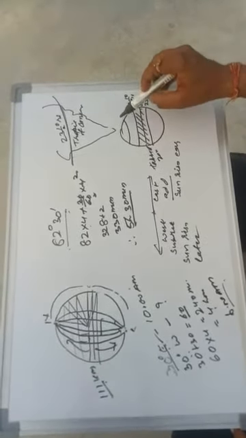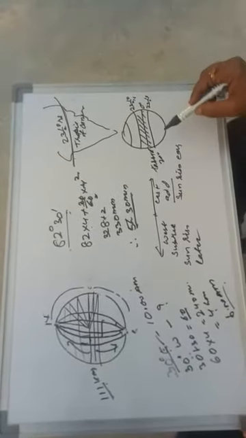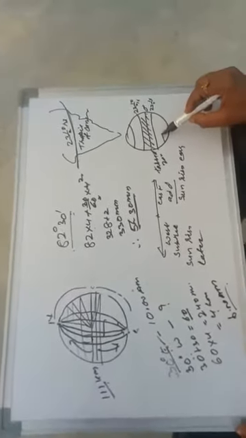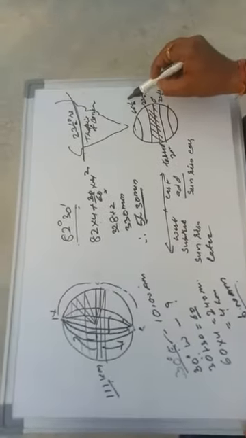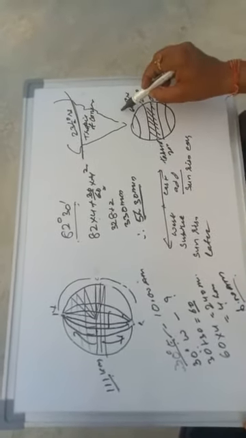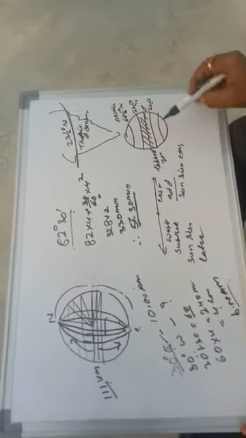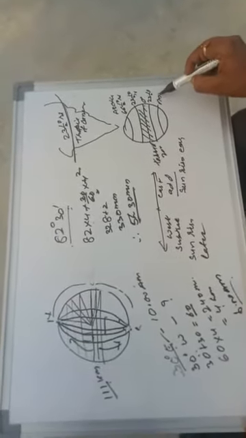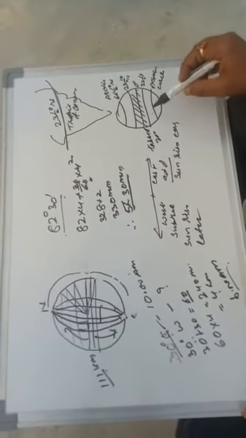Then another one is 66.5 degrees north, Arctic Circle and Antarctic Circle.